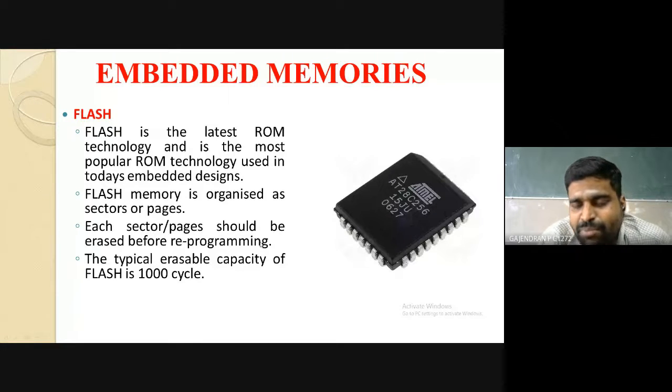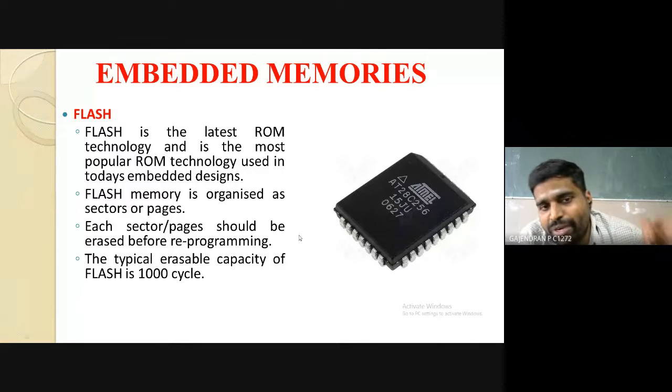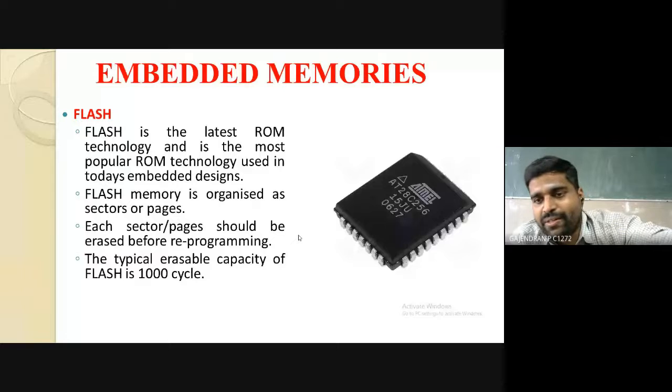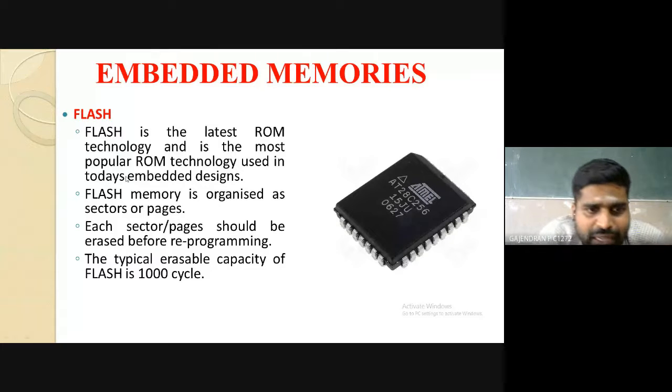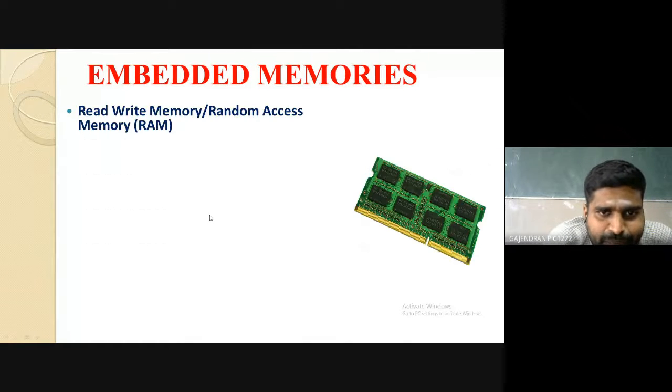That means flash memory is categorized depending on how many times you can write and erase, the cycle count. Also, the memory is split into sectors and pages. So whenever you write something, you need to erase the whole page and rewrite. Okay, that is the technology in flash memory.